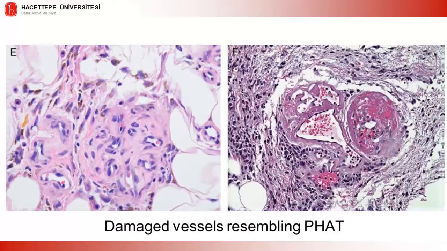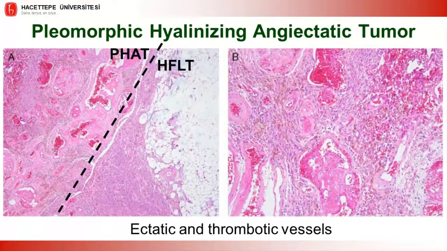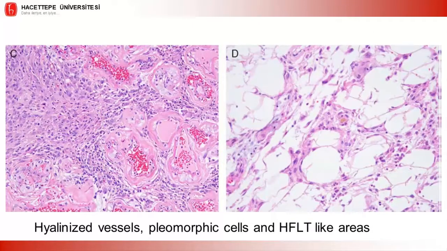They have these damaged vessels resembling again the pleomorphic hyalinizing angiectatic tumors, and the pleomorphic hyalinizing angiectatic tumor may have these hemosiderotic fibrolipomatous tumor-like areas surrounding the tumor, but in the fat we have these thrombosed and hyalinized vessels more prominent than in HFLT. And we also see some pleomorphic cells, but not as much as in our case.